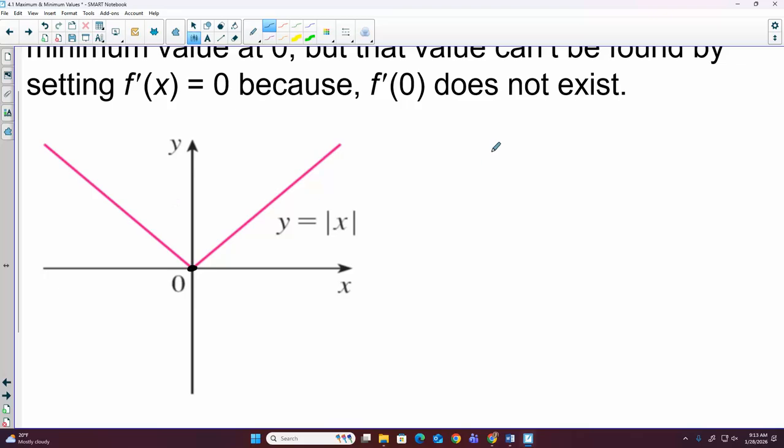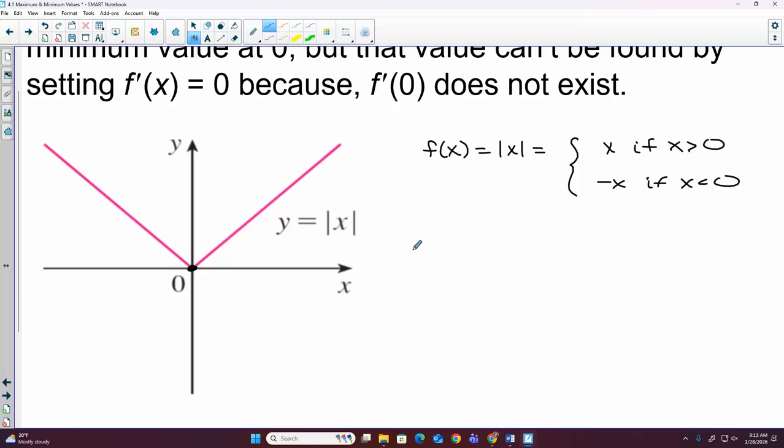When we think about the absolute value, we always did a piecewise function, right? We said if you put in a positive, you get out the positive. And if you put in a negative, you get the opposite of what you put in.